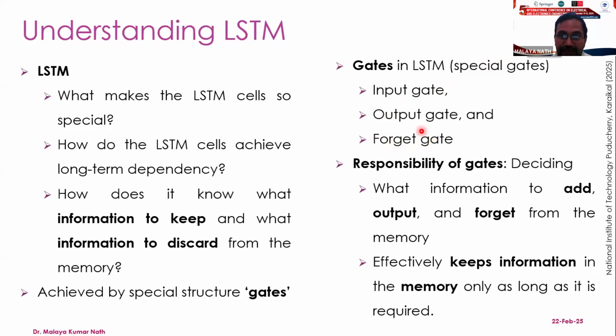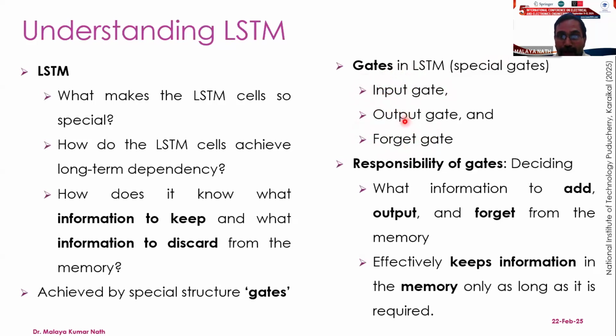The forget gate is basically responsible for forgetting the memory, to remove or eliminate certain information from the memory. That means the information which is not required has to be eliminated. Now, the input gate is basically responsible for adding new information to this recurrent neural network or LSTM. So this basically provides the additions.